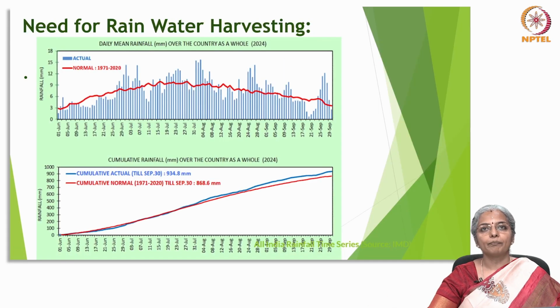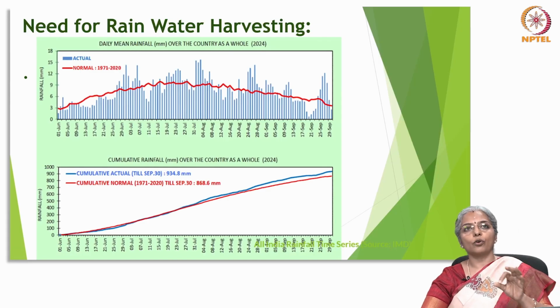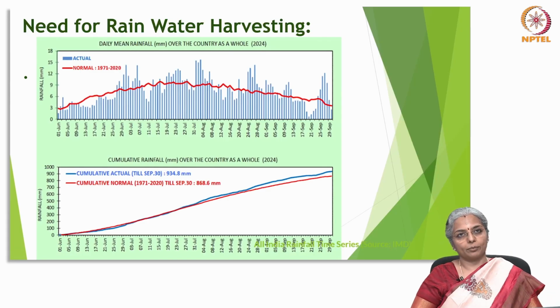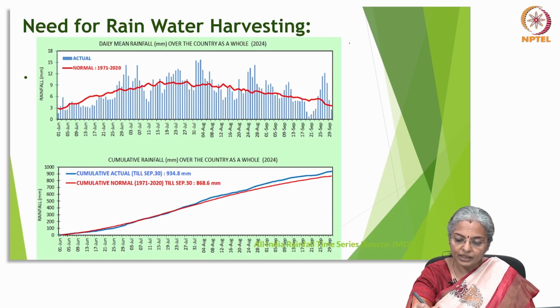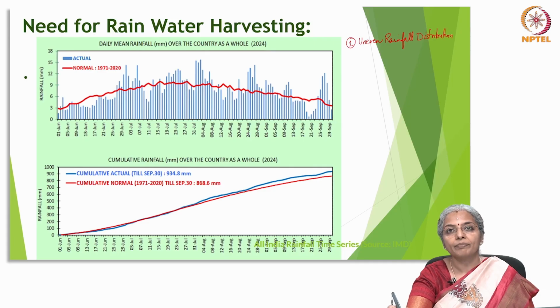Then let's see what is the need for rainwater harvesting. First and foremost is uneven rainfall distribution. What do you mean by that?